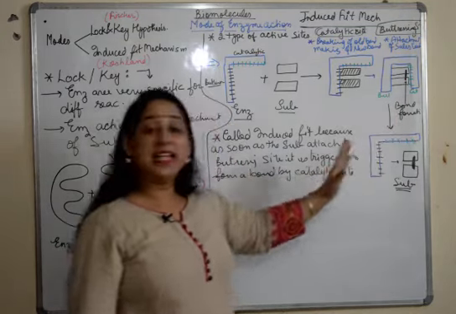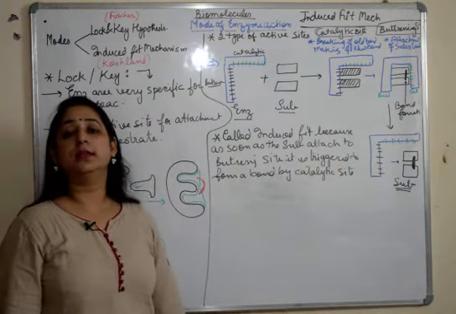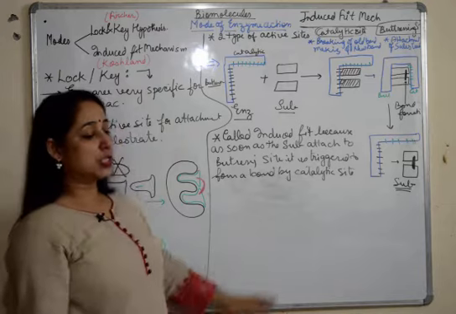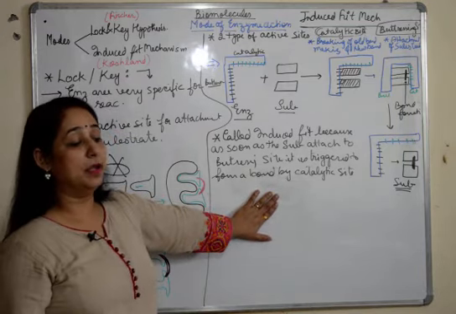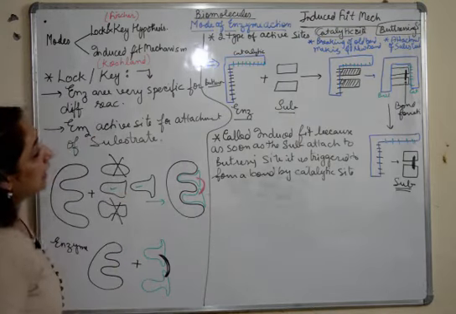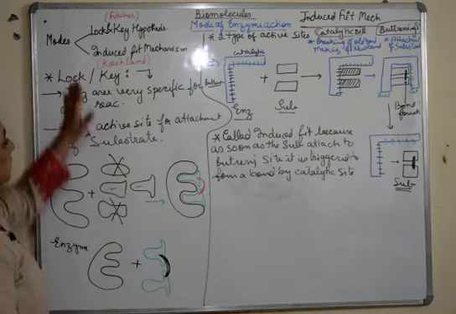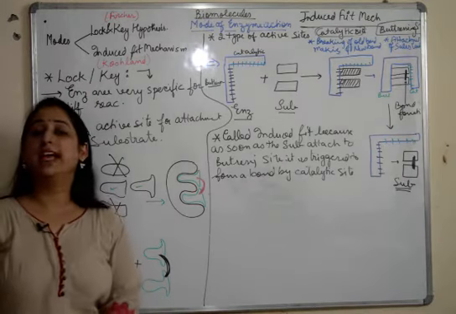The enzyme regains its shape and releases the substrate to form the product. So this is how the induced fit mechanism works. Fine. This is how the two sides of induced fit mechanism work. This is how the lock and key hypothesis works. So these are the two modes of enzyme action.